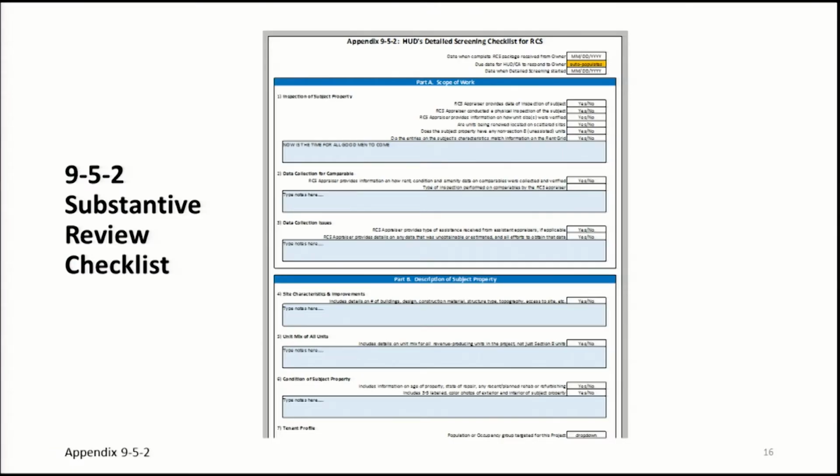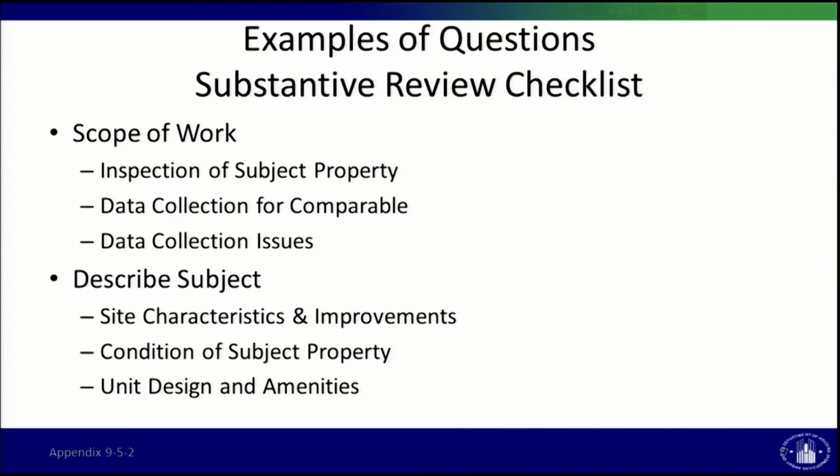When reviewing the RCS, the substantive reviewer must use the checklist that's on the website to ensure that all the issues are addressed during his or her review. Let's take a look at some of the questions in the detailed screening checklist.